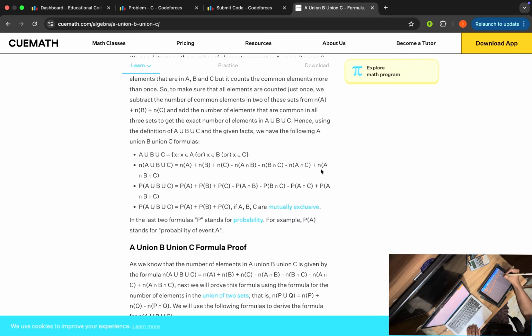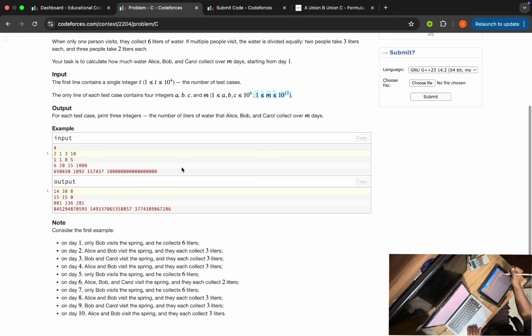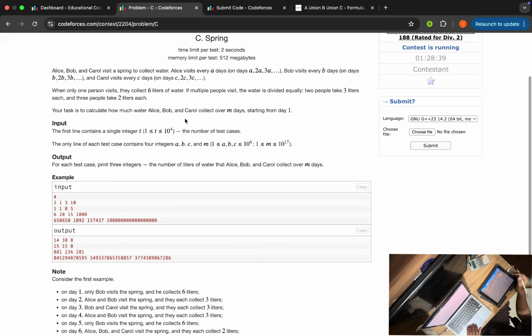ABC, it's the intersection actually, not common part. I think going with this formula will be a little bit harmful, or not.